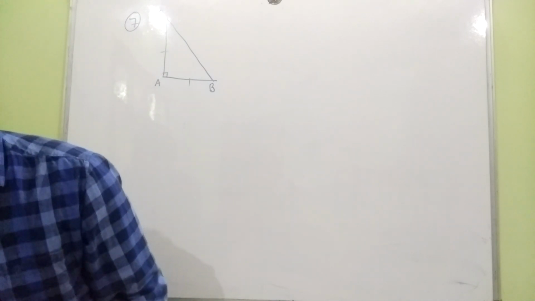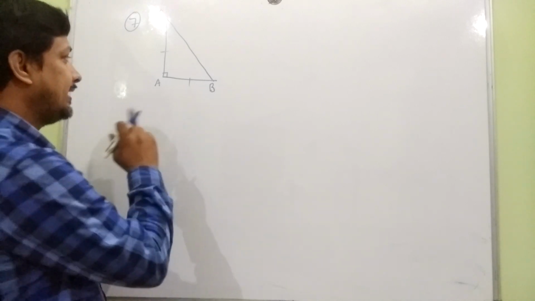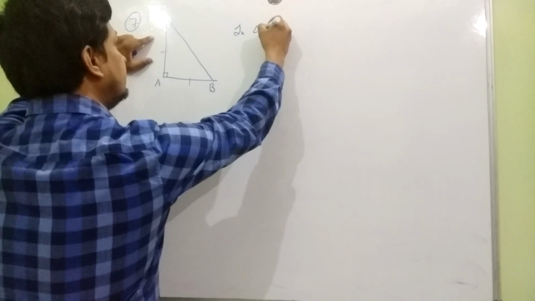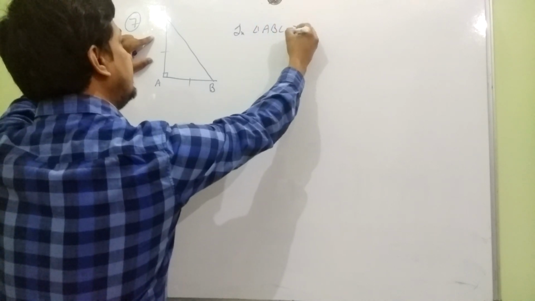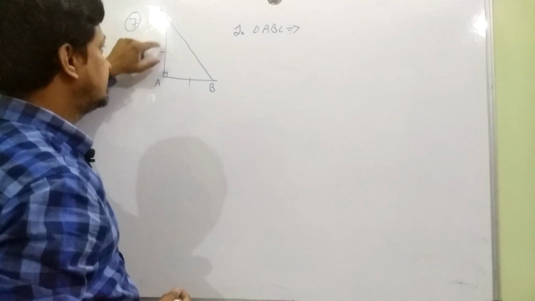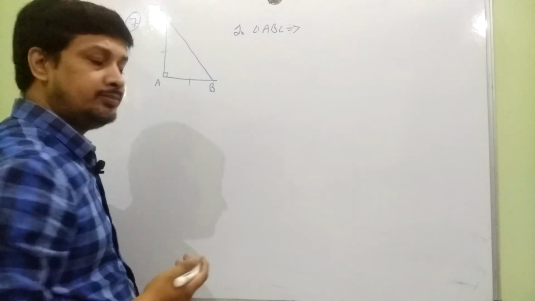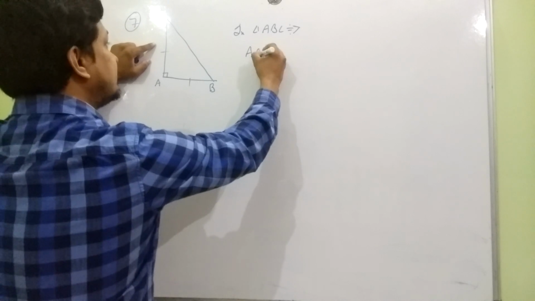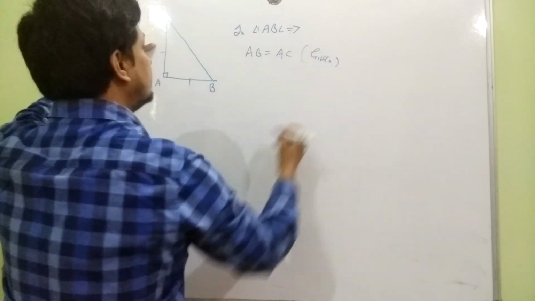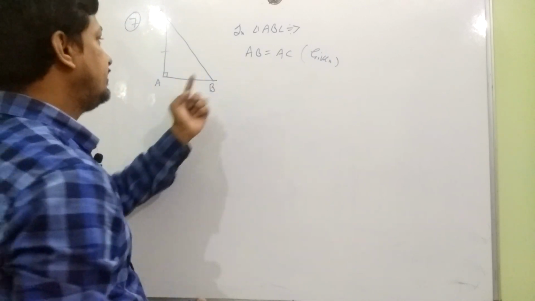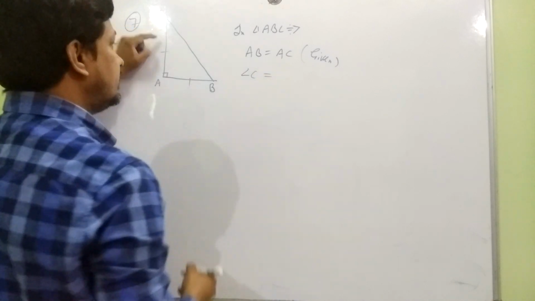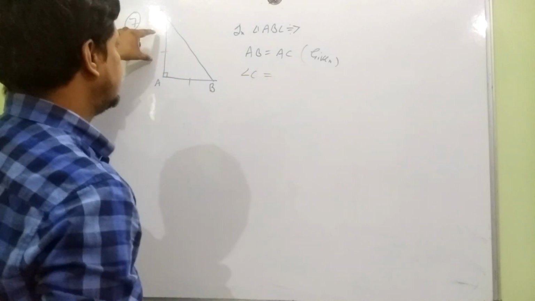Then what do we have to do? We have to find angle B and angle C. So first of all, if in any triangle two sides are equal, then their opposite angles are also equal. It is a theorem. So it is given that side AB is equal to side AC. What is the angle opposite to side AB? The angle opposite to side AB is angle C. And what is the angle opposite to side AC?